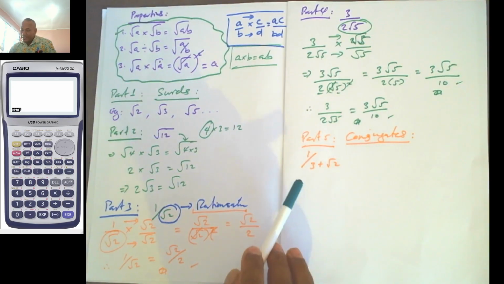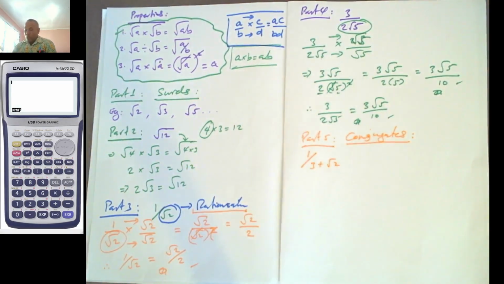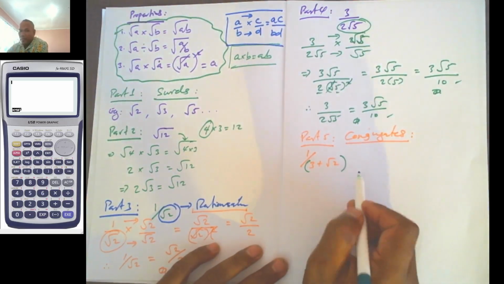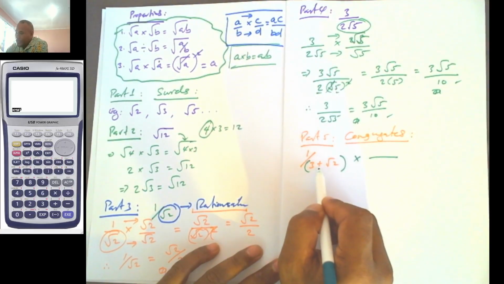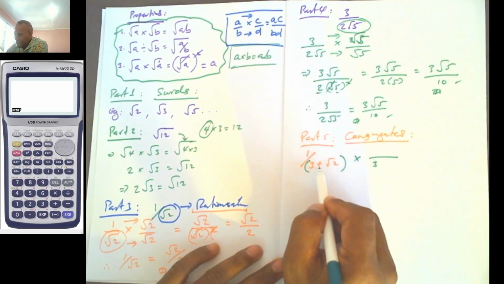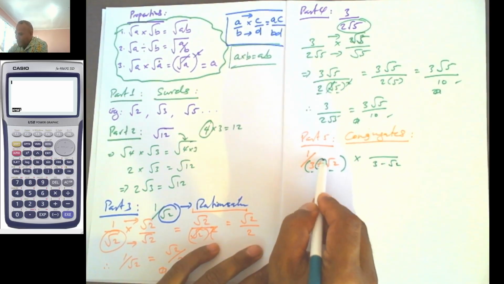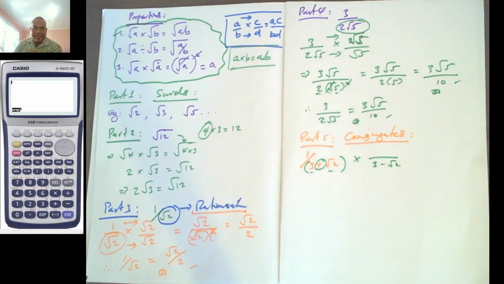We rationalize this function by multiplying it with the conjugate of the denominator. So our denominator is this function, and we want to multiply with a conjugate. Conjugate meaning the opposite of plus is minus. The function remains the same, but only the sign changes. Just like you lifting your hands in the mirror.